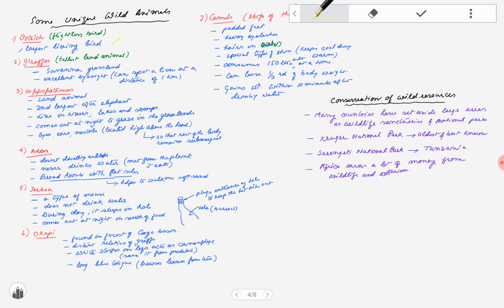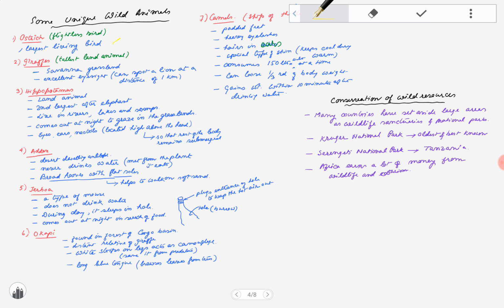And giraffe is an animal found in the savannas of Africa. It has excellent eyesight, and do you know it can spot a lion at a distance of about 1 kilometer? How, sir? Its eyes, sir.